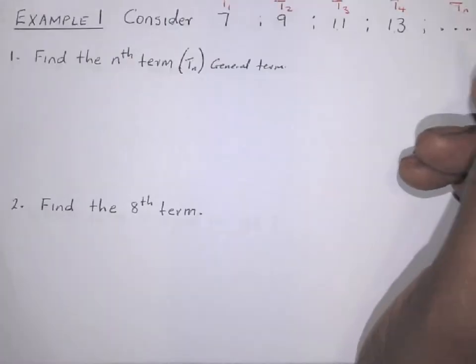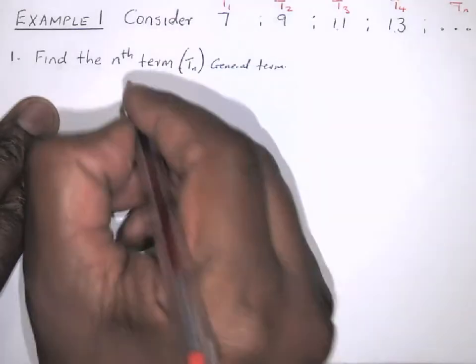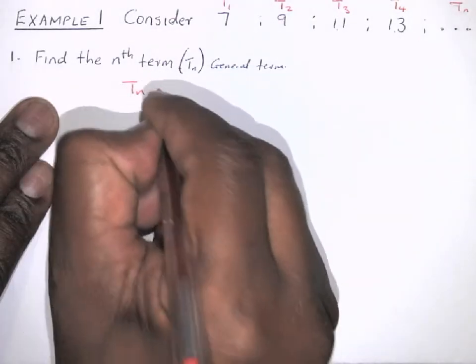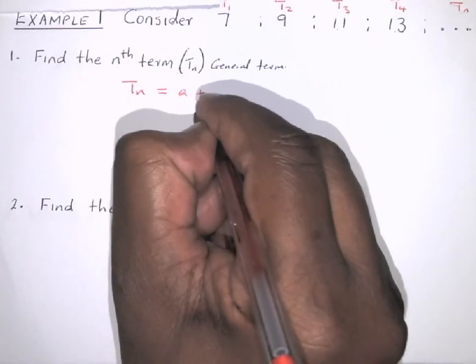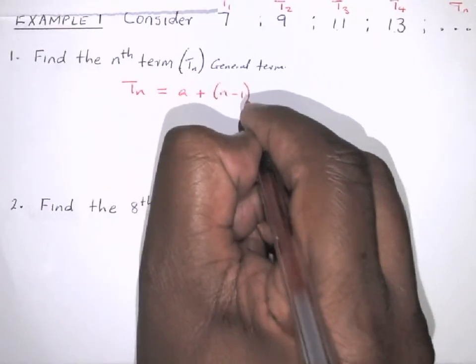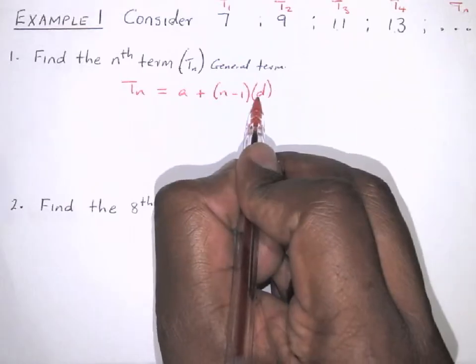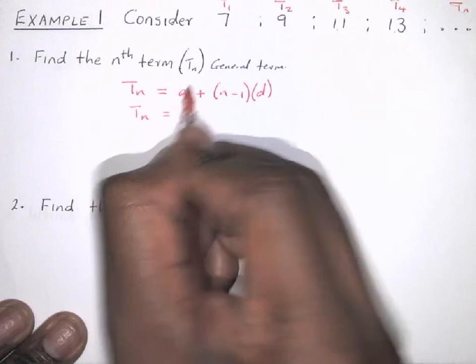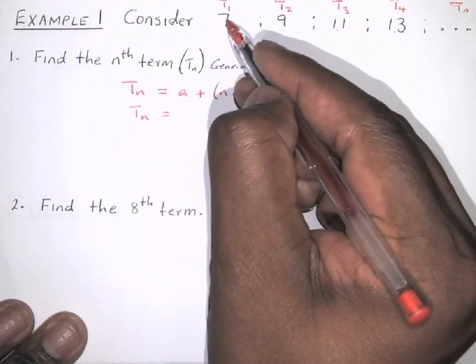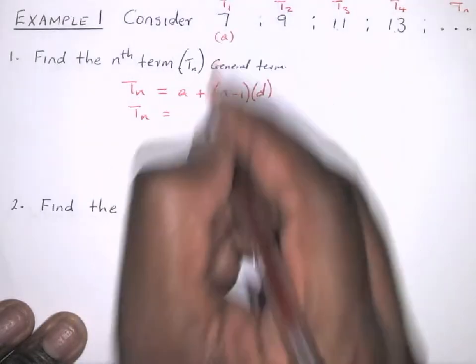Okay, now to find the nth term for this one, we say to find Tn, the formula says a plus the n minus 1 times the d. Remember, I said it'll be multiplying with the d. Now, the Tn for this case is the a value, which is term 1, which is 7.